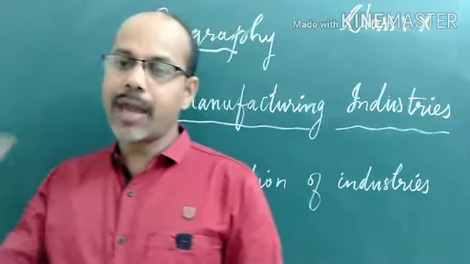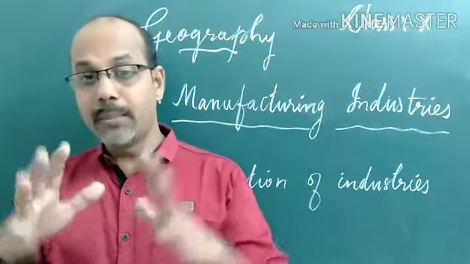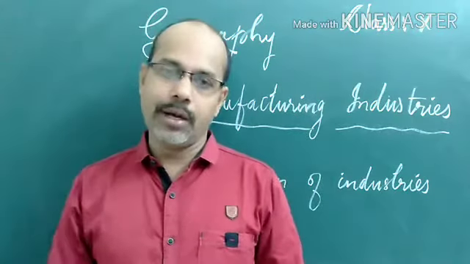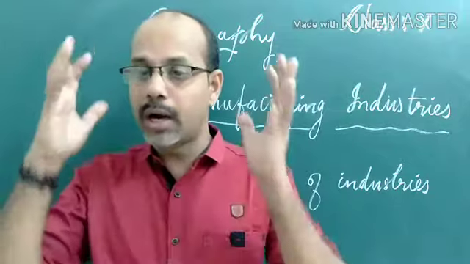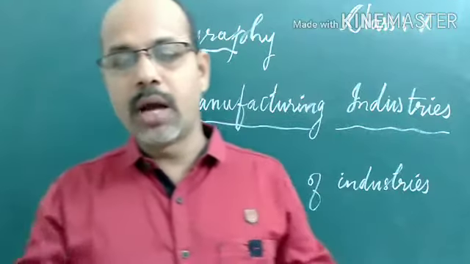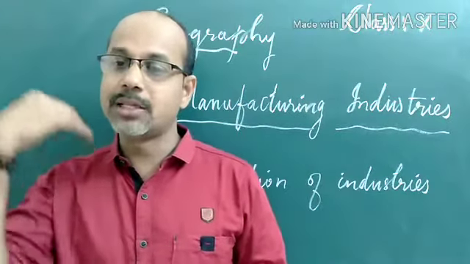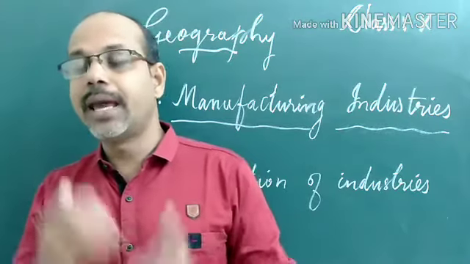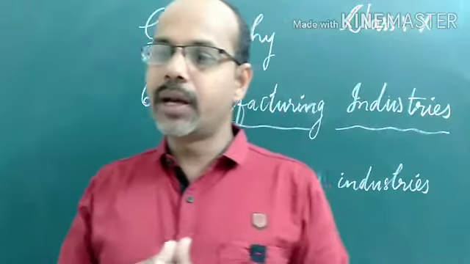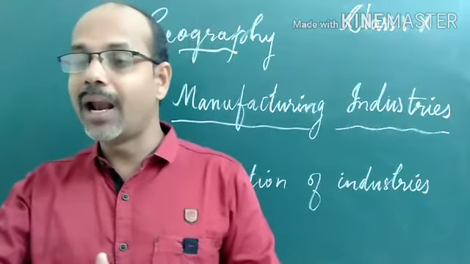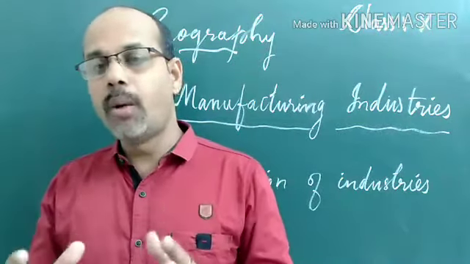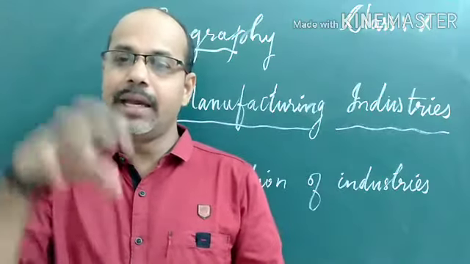Now, on the basis of capital investment. Capital means money or machinery which is invested in industries. Based on the amount of capital invested, we can say small-scale, medium-scale or large-scale industries. A small-scale industry is defined with reference to the maximum investment allowed on the assets of a unit, that is, how much money or property is invested in the industry.